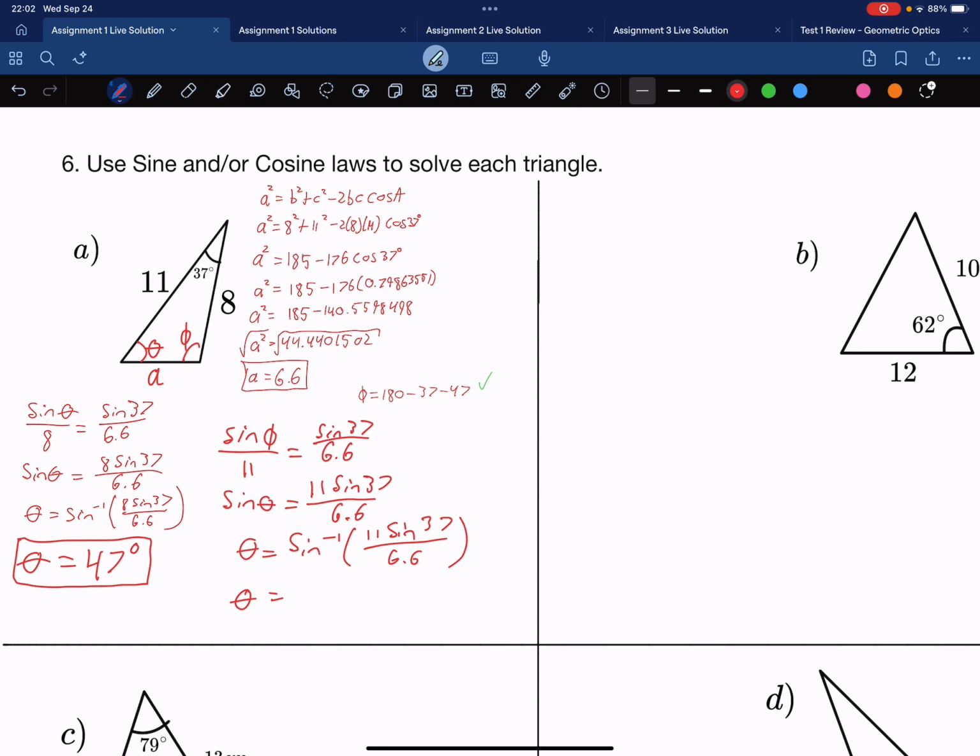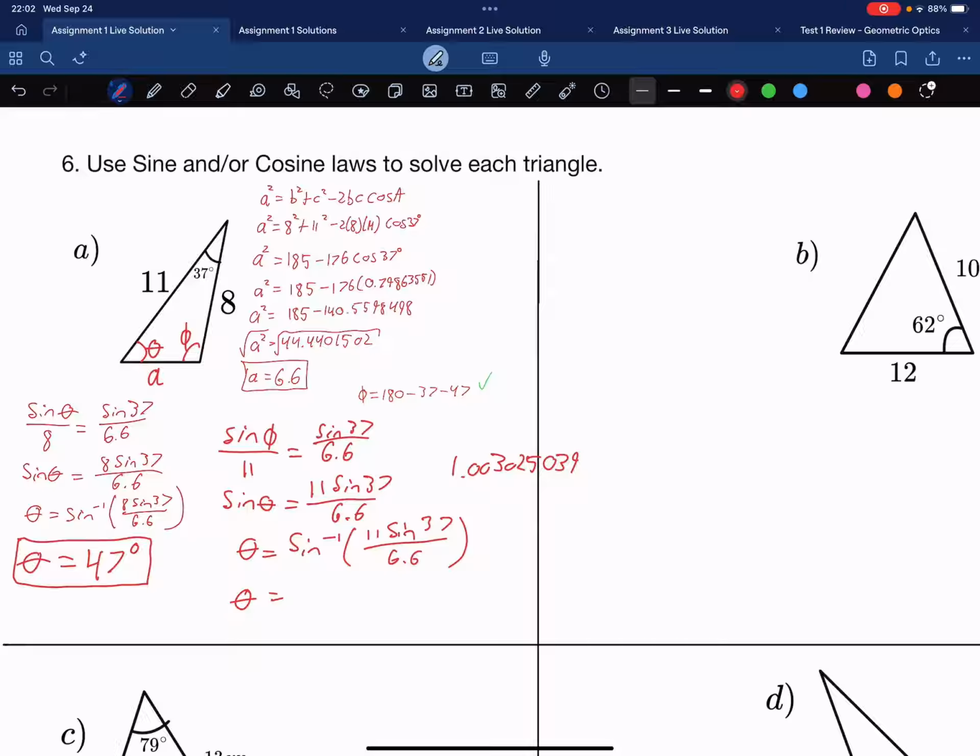Divide that by 6.6 is 1.003025039. Okay, yeah. Inverse sine, for some reason, does not like taking in a number larger than 1. I think I know why, but I'm not going to dive into that right now.